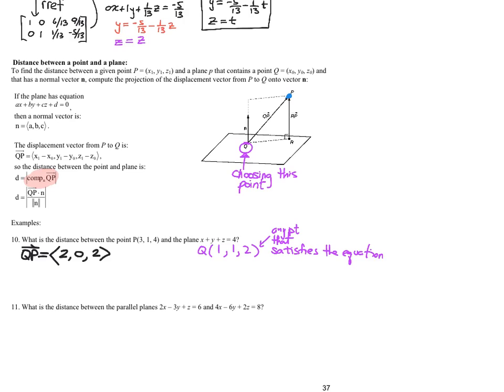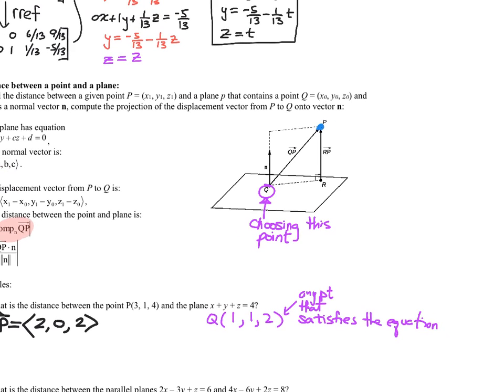So these two line segments, let me pull it in a little bit. Green is what I want. These two lines are going to be equivalent.